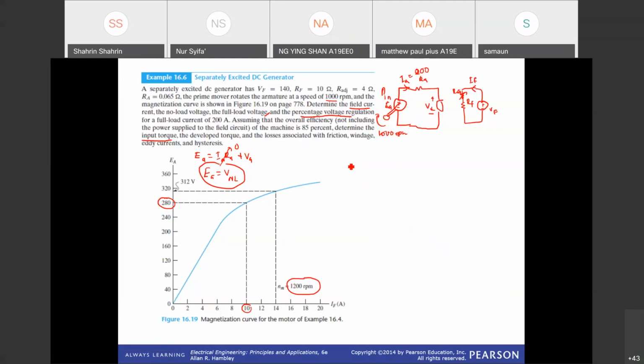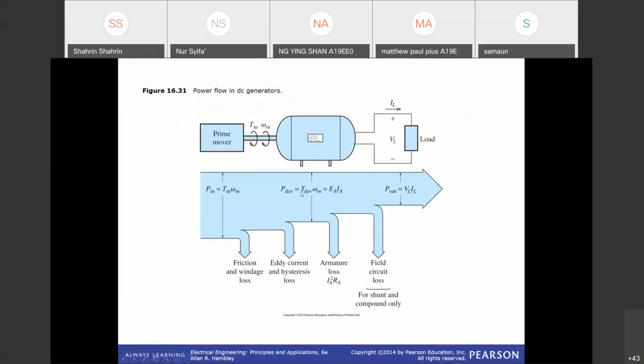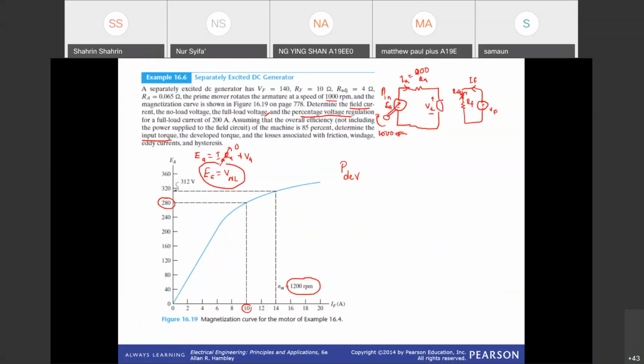Developed torque you can get from the P developed. You see from the equation here, P developed by the generator in electrical form is EA multiplied by IA.